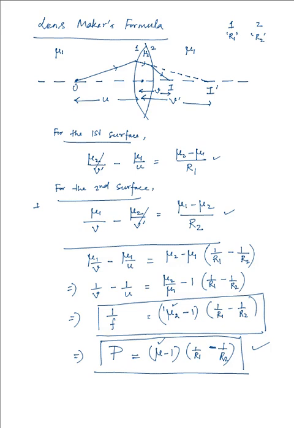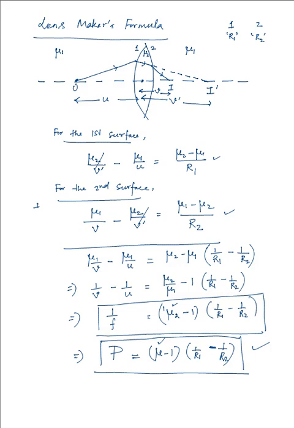So we have a lot of things aligned ahead of us, but this is an important consideration for the exam point of view and for the board's point of view. So the lens maker's formula is a very important thing which you must relate with the previous case that we discussed in the previous video.